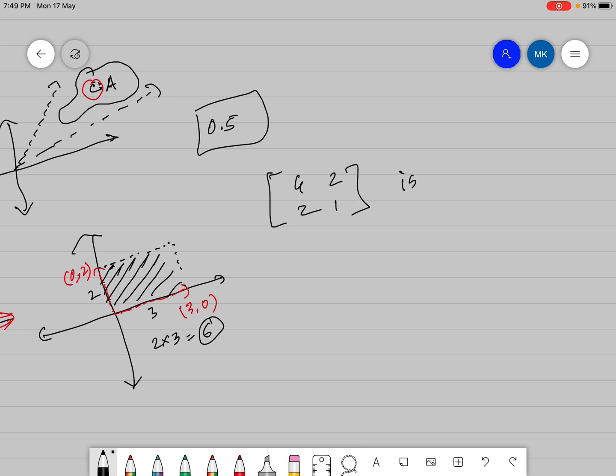So if the determinant of any transformation, let's say for example 4 2 2 1, is 0, as you can see the determinant is 0. So what does that mean? It means that it squeezes all the space onto a line.